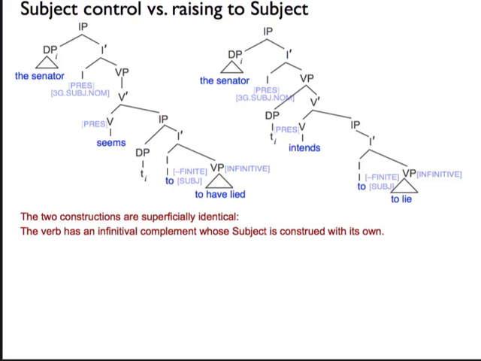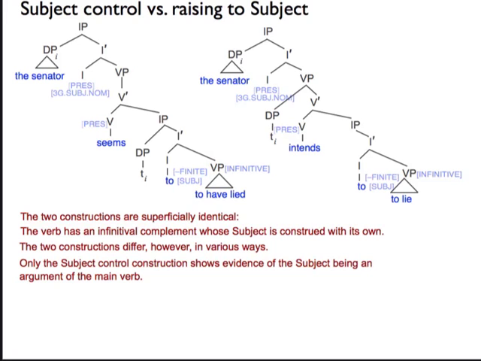That's the only possible interpretation. Just like in the senator seems to have lied, it has to be the case that you construe the liar as being identical with the senator. There's no other possibility. But they differ in various ways.